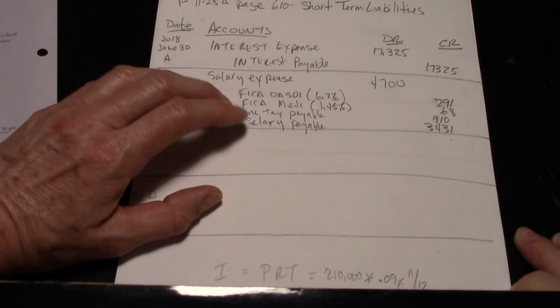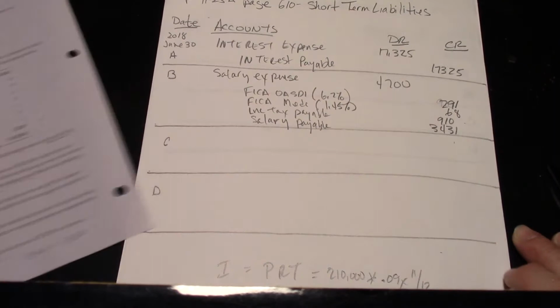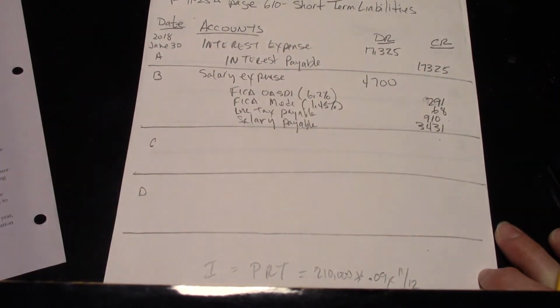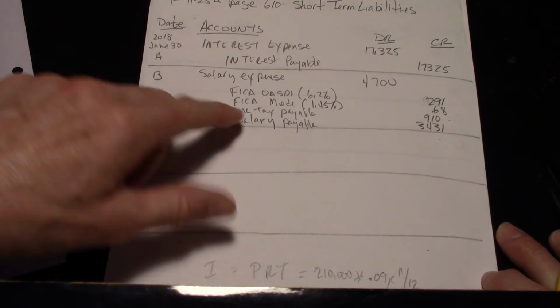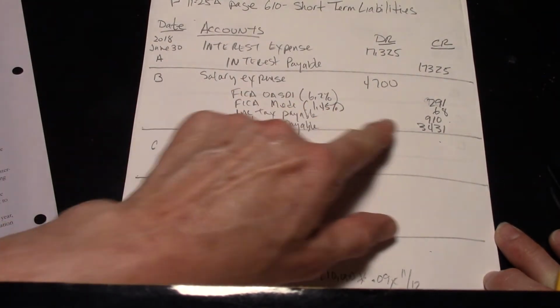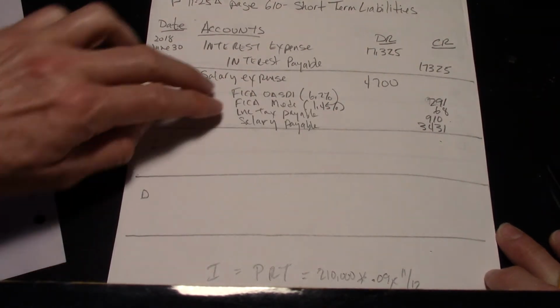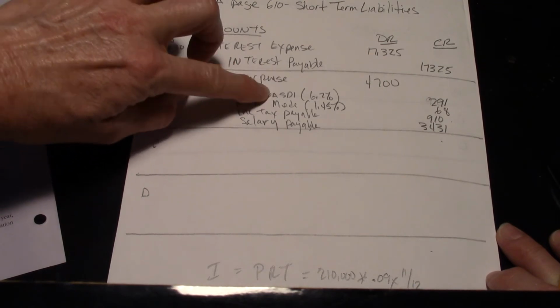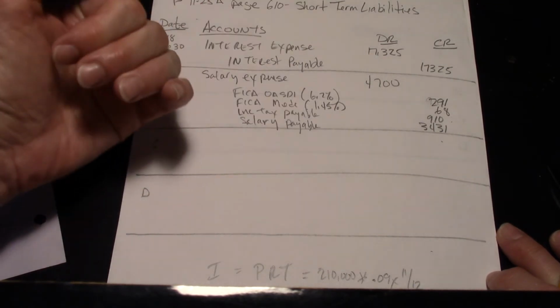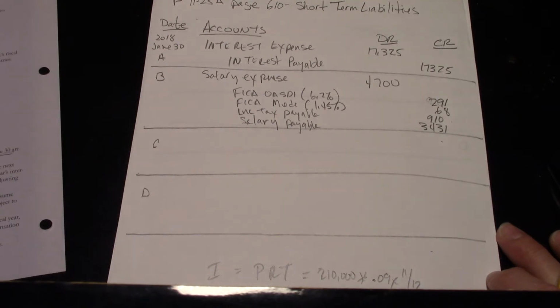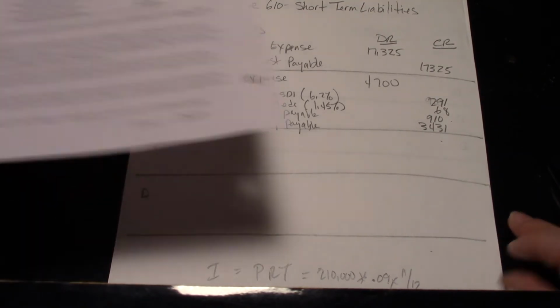So our liabilities are income tax payable, which we're going to send to the IRS on behalf of the employees. The employees owe it, we're just withholding it. Salaries payable, that we'll give to the employees on payday. And these two, Social Security and Medicare, we withhold from the employees and send in.